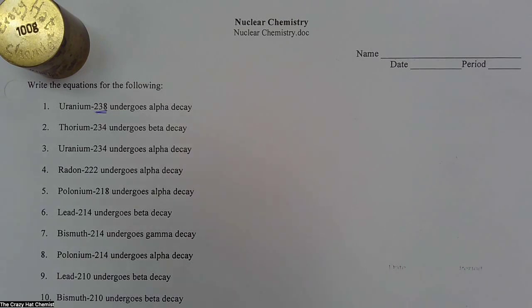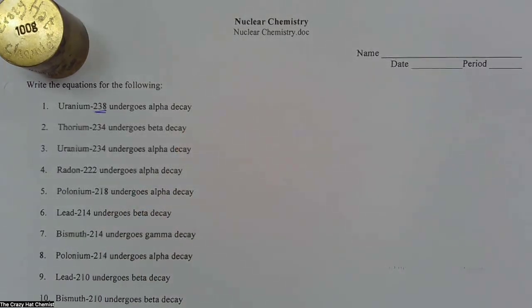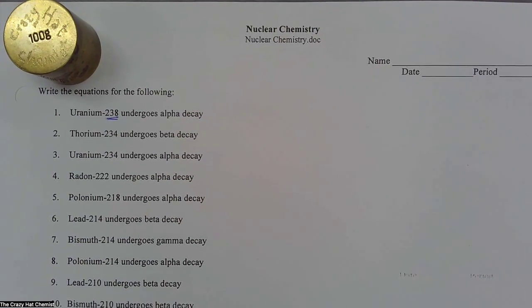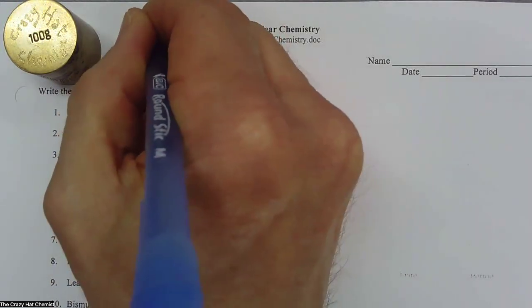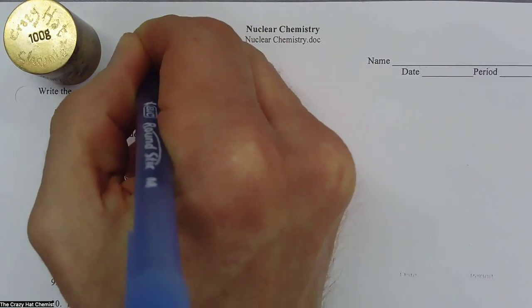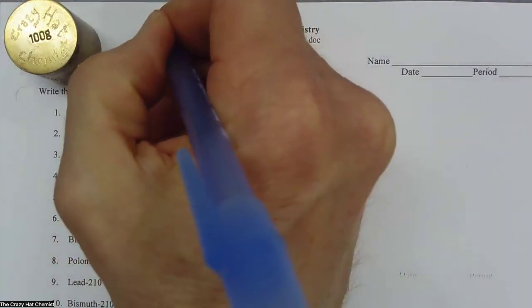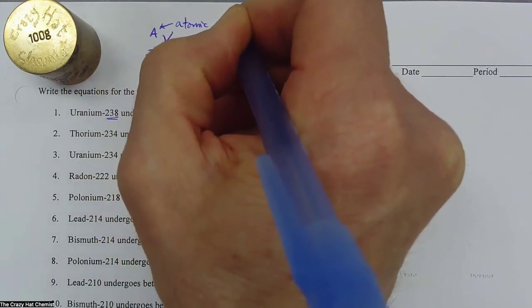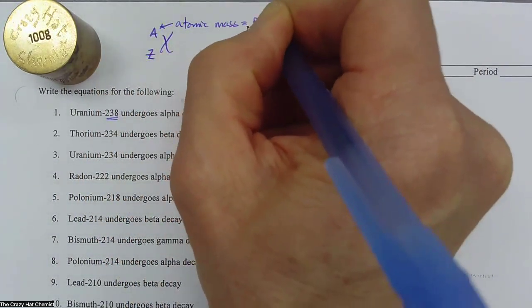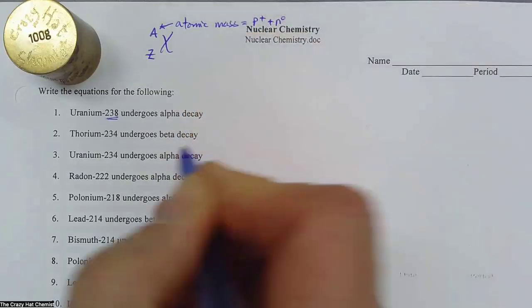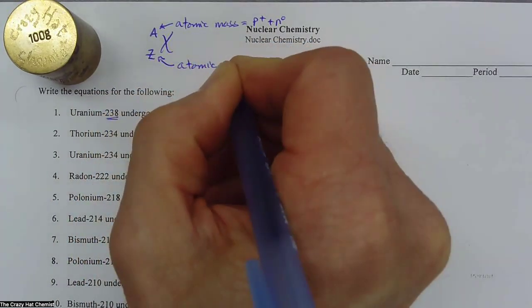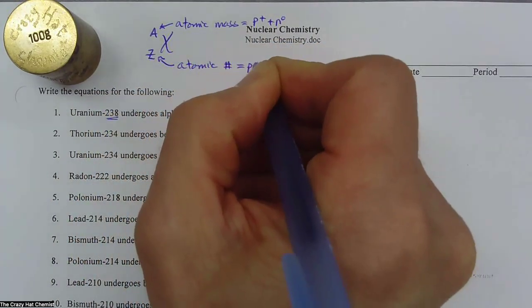So we're going to first write out the formula for uranium in the A, X, Z, or standard nuclear notation. The A is the atomic mass, which is equal to the sum of the protons and the neutrons. And Z is the atomic number, which is equal to the number of protons.